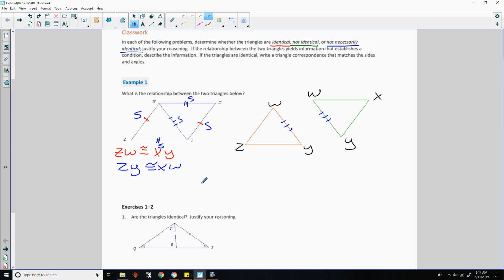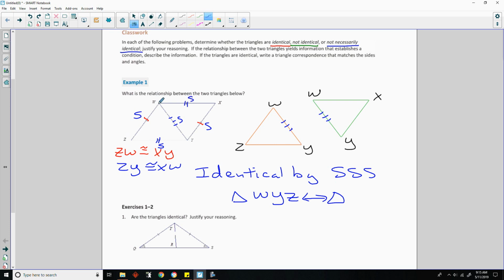So these two triangles are identical by side, side, side correspondence. And my triangle correspondence is going to be triangle W, Y, Z corresponds to triangle.